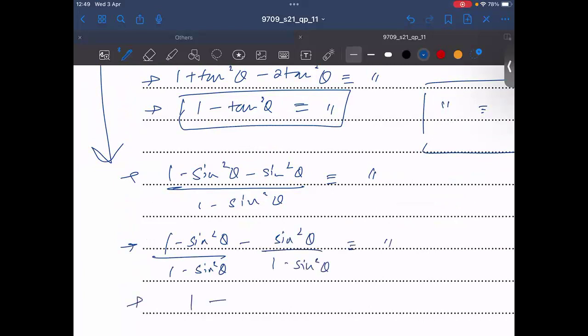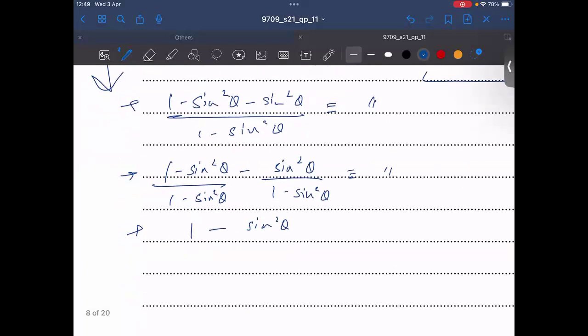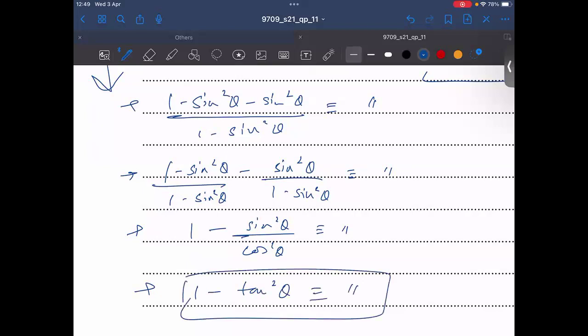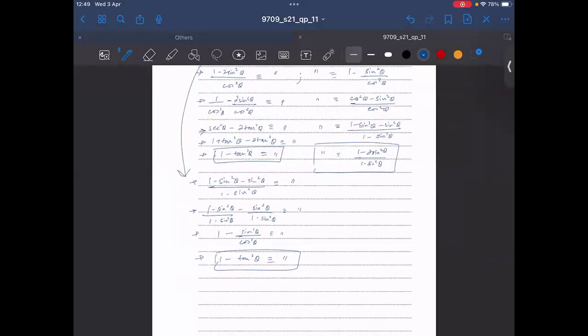This would have been 1 minus sine square theta over cos square theta. This would have been 1 minus tangent square theta. Is it clear or not? I have just proved this identity in 3 different ways. Clear? Yes, sir.